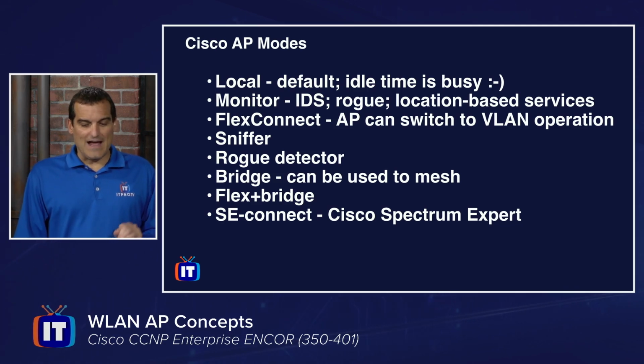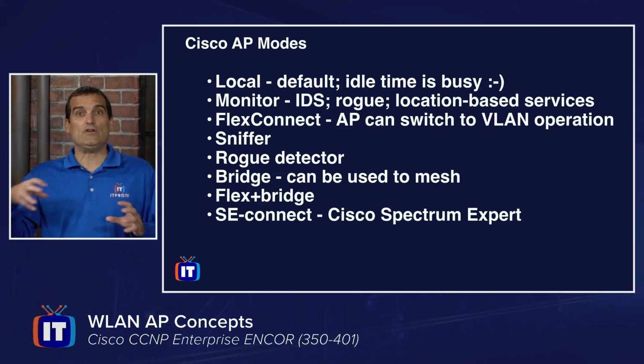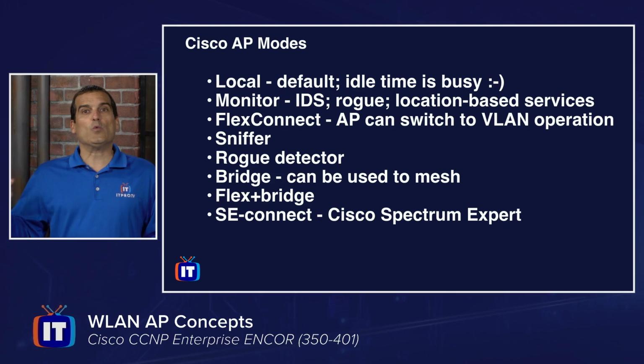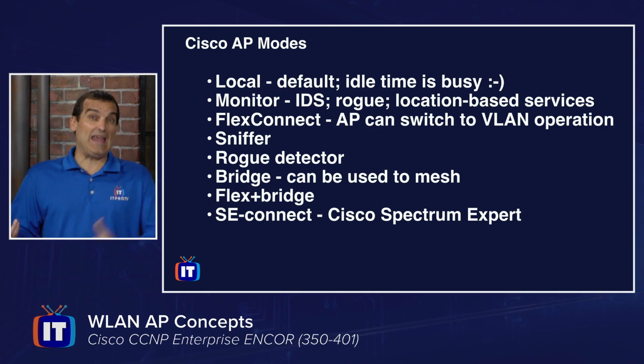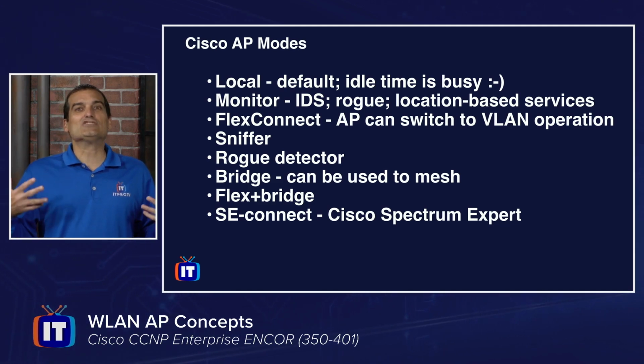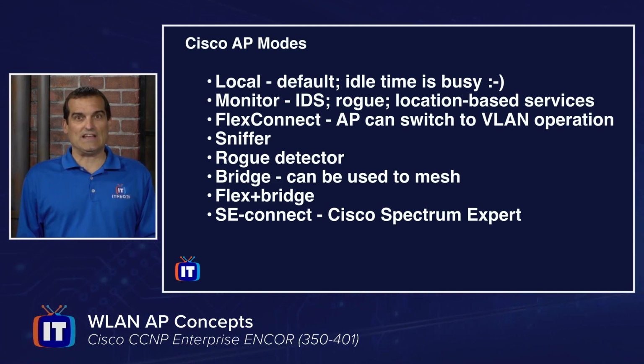Flex Connect. Now, we talked about this, Ronnie, before. Remember, this is that really cool mode of operation where we have the wireless LAN controller at headquarters and we have the AP at a branch office and a slowish WAN link is between them. The Flex Connect is great for that type of a relationship.